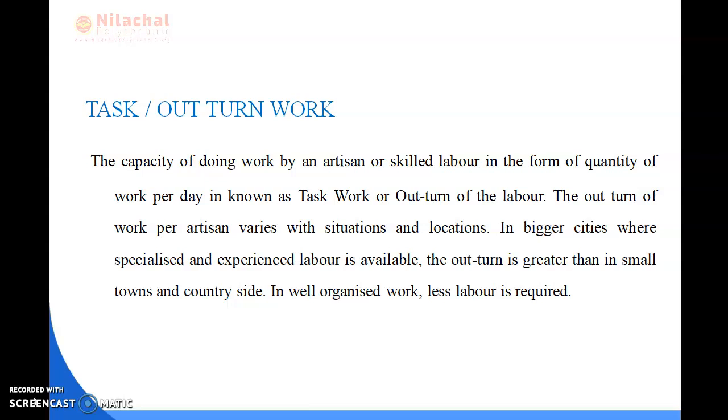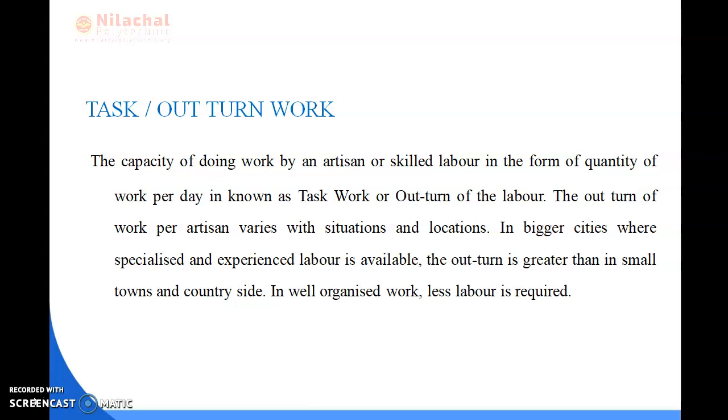The work capacity of the labor is lower in one place and higher in another. It varies. So situation and location are very important. The weather condition, the site condition and the water availability we also need to check before doing some work. So the labor, location and situation vary for the different outturn of work.